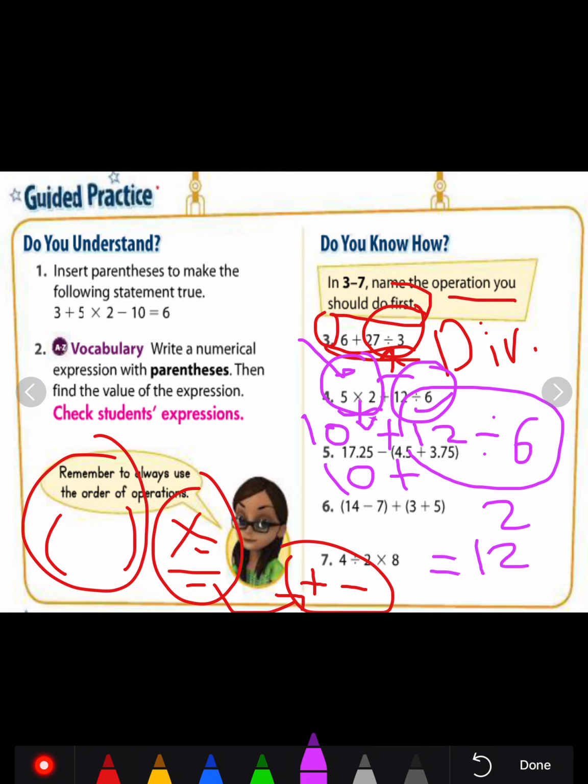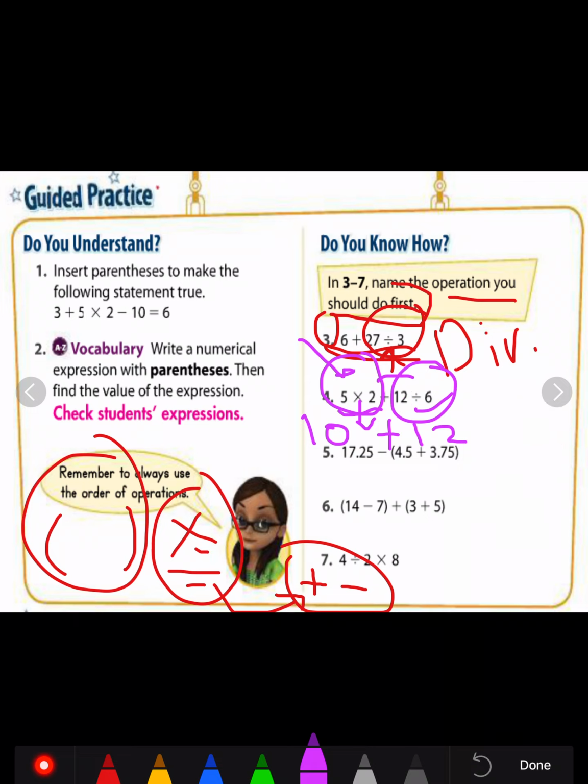Another example, I will go directly to number 6. In number 6, he asked me to name the operation you should do first. Here I have parentheses. Yes? I have two parentheses. Here we have 14 minus 7, and here we have 3 plus 5.